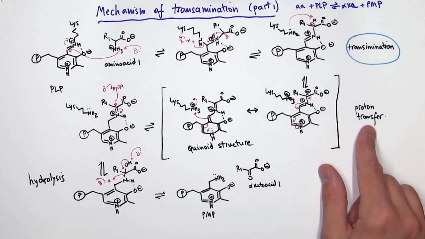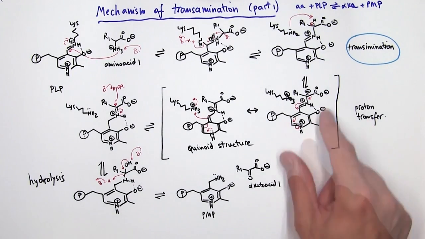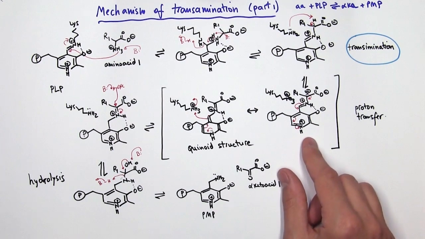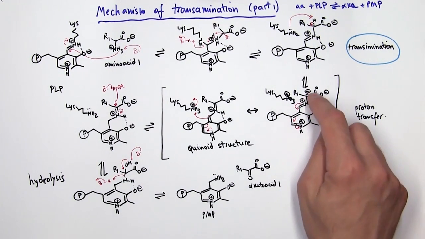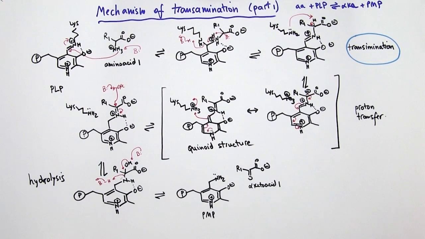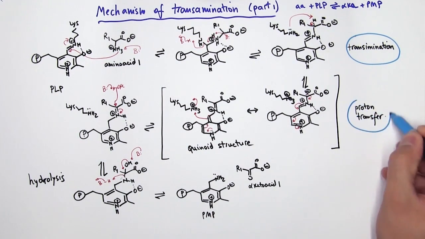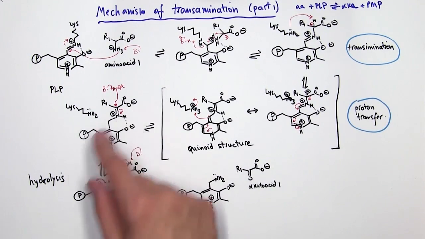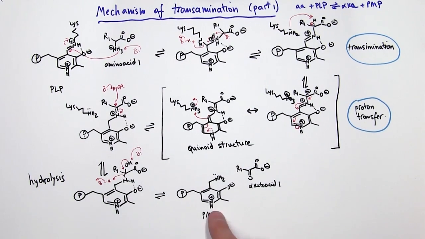Next, we have a proton transfer, which is allowed by the ability of the PLP ring to stabilize a negative charge and moves the proton from the alpha position to somewhere on the PLP ring via a quinoid structure. And finally, the resulting Schiff base is hydrolyzed to generate PMP and an alpha keto acid.